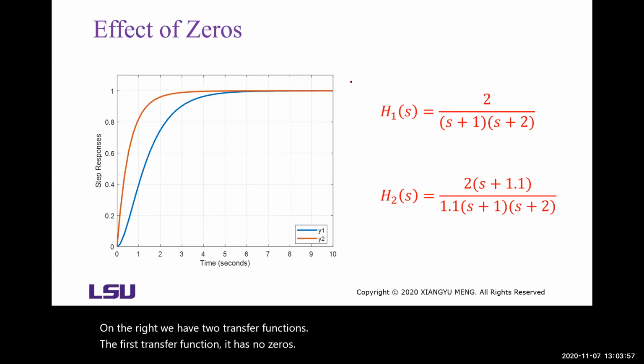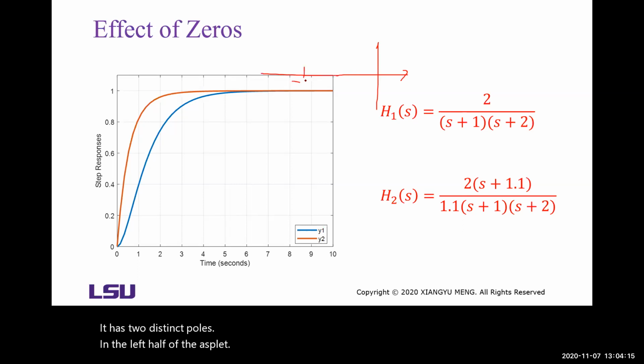It has two distinct poles in the left half of the S-plane, at -2 and -1.